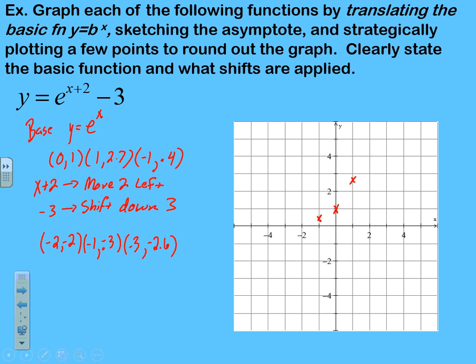Let's go ahead and plot the points that we calculated using our transformations, and then we can visually see that we take the parent points and move them 2 to the left and 3 down.